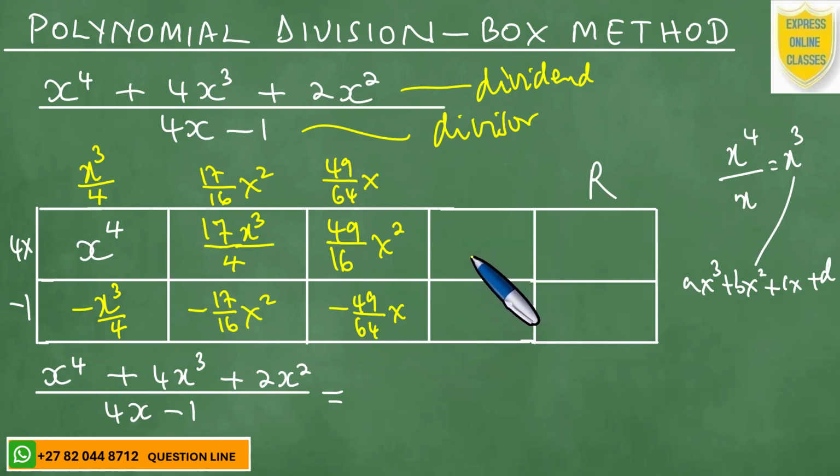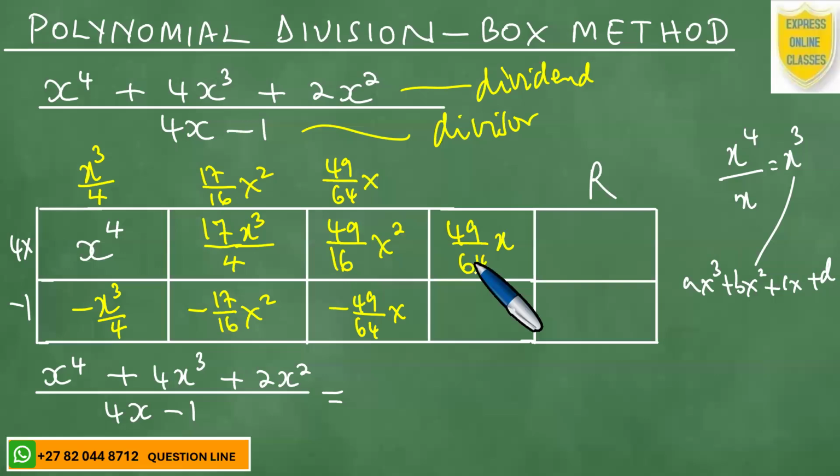There's a term we need to put in this block here, so that when we add this with this, we get exactly 0, because there's no linear term in the numerator. So that must be exactly 49 divided by 64x, because if you add these two, you get exactly 0.